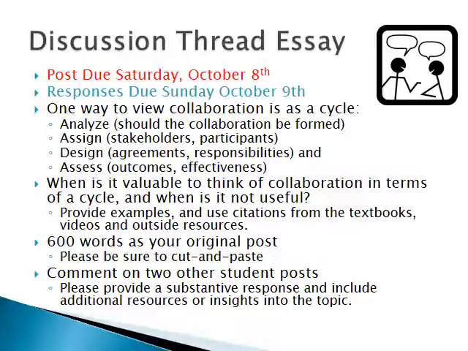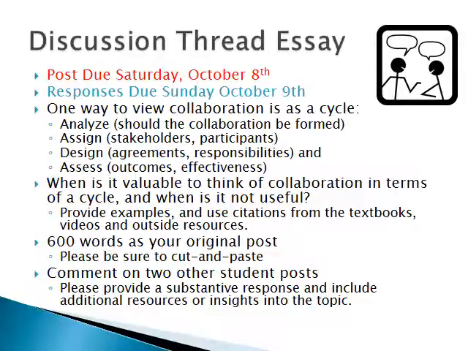So this week what we're going to be talking about is that one way to view collaboration is as a cycle, and this is out of chapter 8 of the Donahue text. The cycle is you analyze whether the collaboration should be formed, you assign stakeholders and participants, you design the agreements and responsibility, and you assess the outcome and the effectiveness.